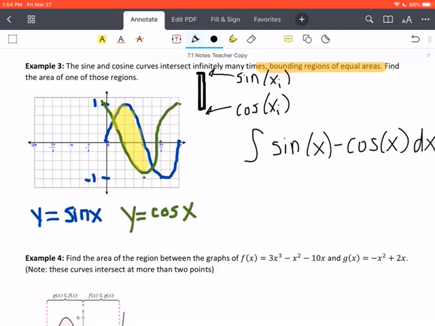Okay, but now we need to know what this point and what this point are where the graphs intersect. So going back to algebraic systems of equations, we're thinking about when is the cosine of x equal to the sine of x? Now we need to really think about our unit circle, and we know that sine and cosine are equivalent for the increments of pi over 4. But specifically, if the sine and cosine are identical, where does that happen? In quadrants 1 and 3.